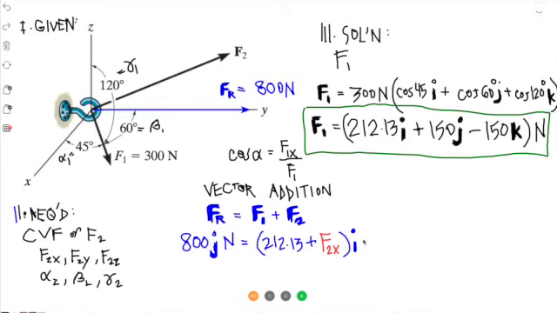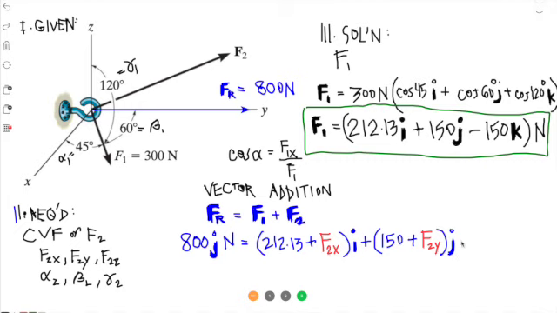The next one would be the j component, or the y component. For y, that would be 150 plus the unknown F2y. I hope you can follow and you have a glimpse of what should be done later.